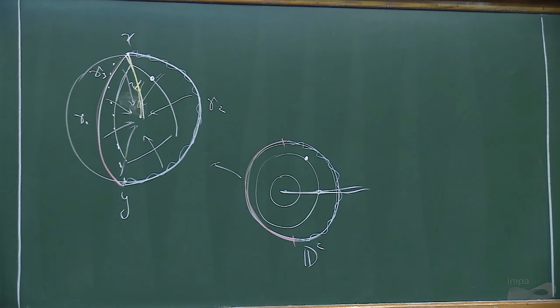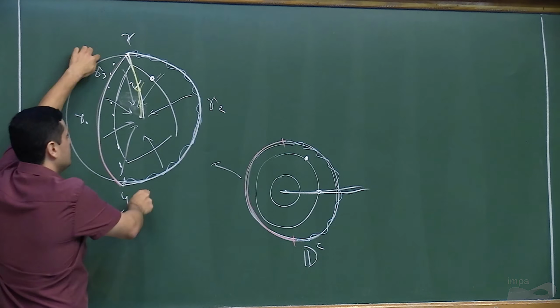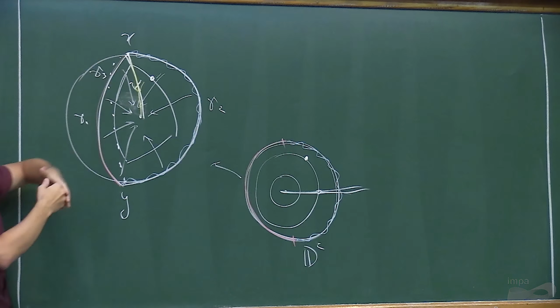But if you assume that these 3 curves are not simultaneously stationary, then you can deform a bit the middle curves to decrease length strictly.